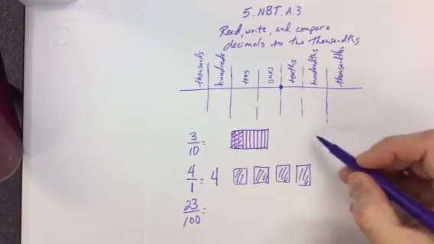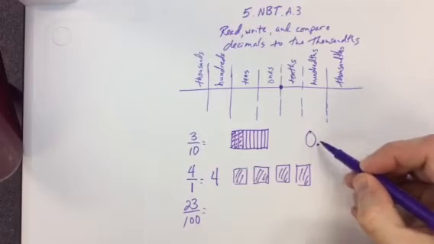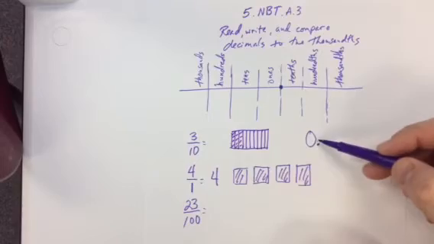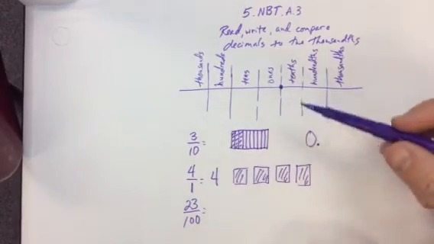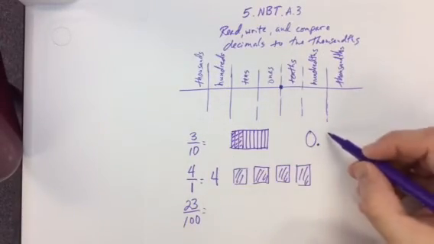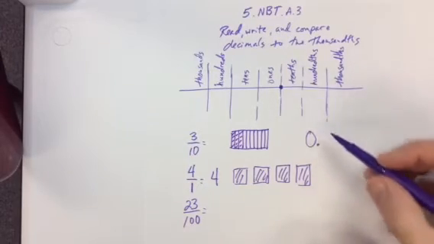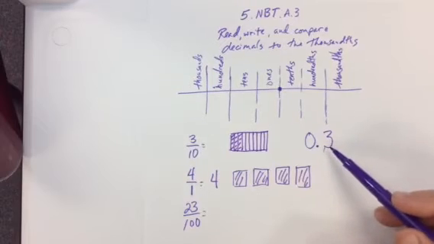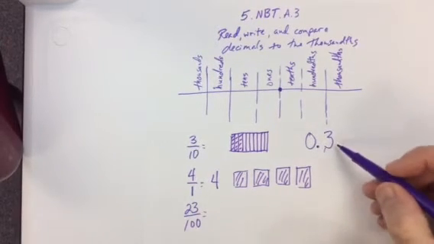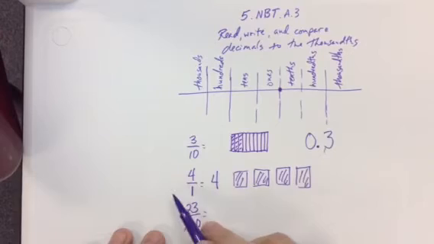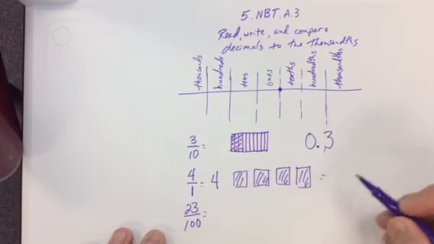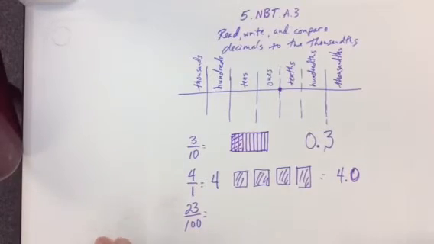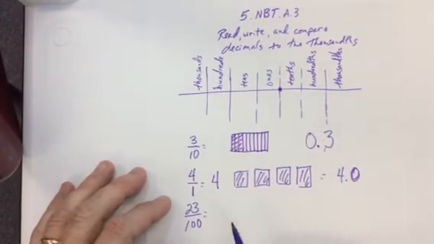So in terms of a decimal, here would be my ones place. I have less than a whole. And how many pieces do I have? I have 3/10. So if we look at our place value, tenths is our first place value, the way that I would write that as a decimal would be 0.3. The way that I would write 4 over 1 as a decimal would be 4 wholes, 0 fractional pieces.